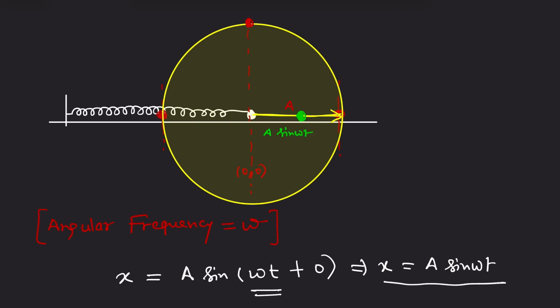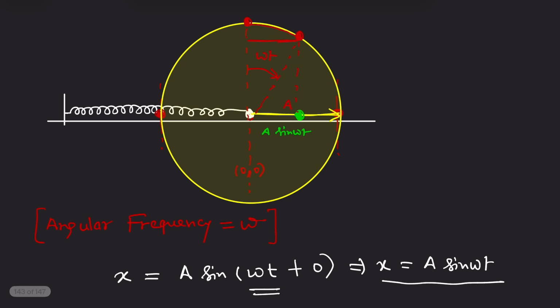Now if you see, in the t time only, our particle has gone this much, and the angle that it will cover is omega into t. So what I am claiming is, the shadow will be at the same position where our particle would be, because the horizontal displacement of this particle is nothing but a sine omega t only.